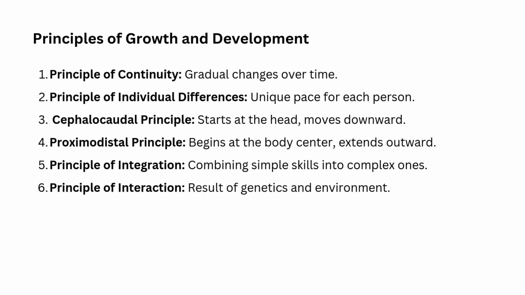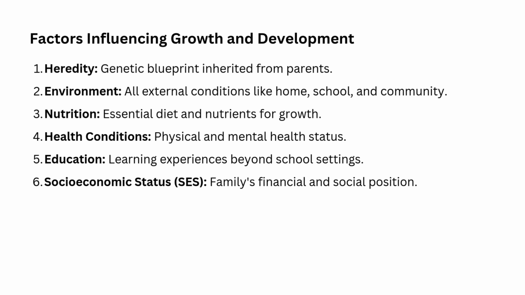Now, let us look at some of the factors which influence growth and development. Hereditary. This refers to the traits passed down from parents to children through genes. This genetic blueprint influences various physical attributes like height, eye color, and even the potential for certain talents or health conditions.